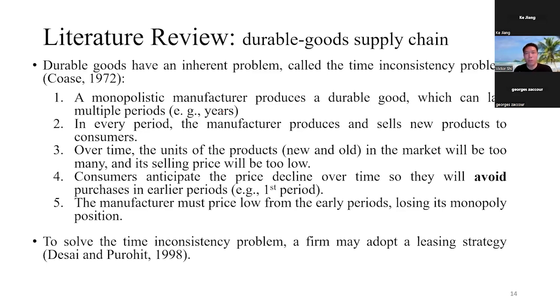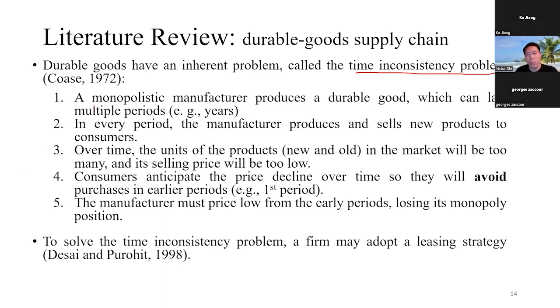And because our research focuses on durable goods, we also want to introduce the classical research on durable goods. Durable goods have an inherent problem, which is called the time inconsistency problem in the literature. Let's explain a little bit more.